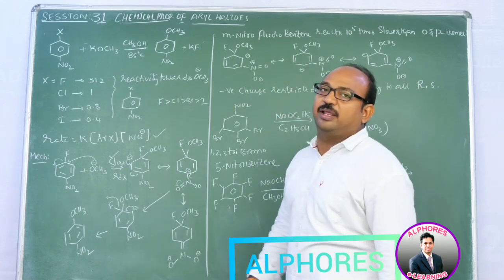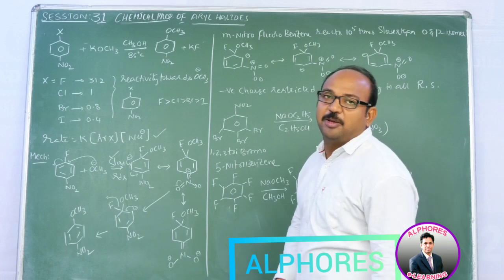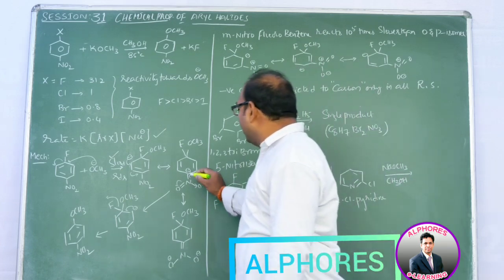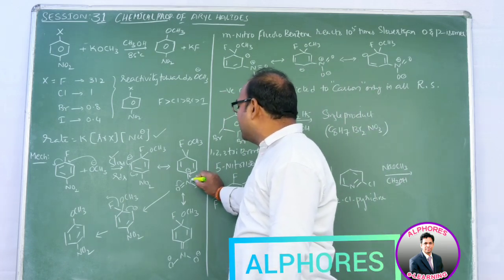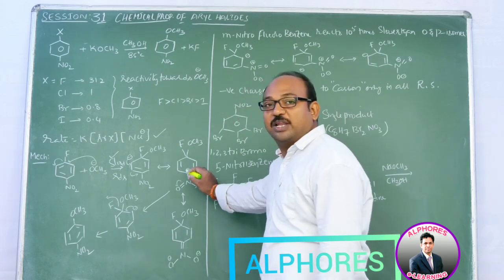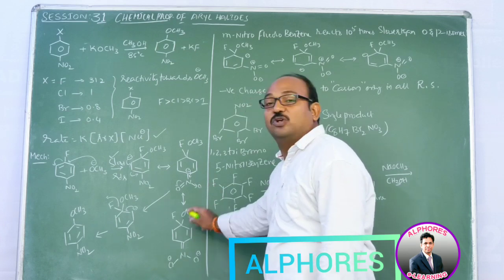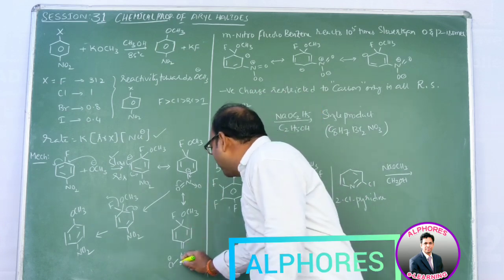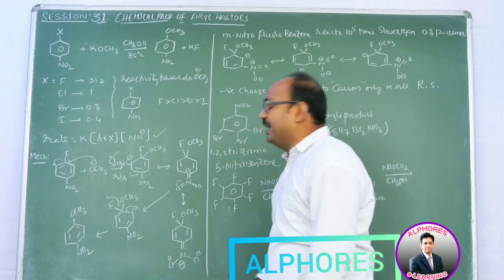Now the NO2 group-containing carbon bears a negative charge, and this negative charge again participates in conjugation with the NO2 group. As a result we get one more structure like this, with N plus and O minus.